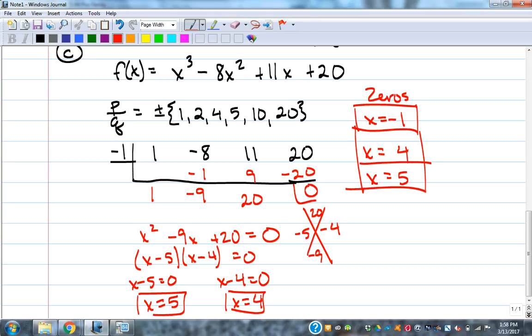But you will always have the same number of zeros as the degree, but you won't always have the same number of x-intercepts as the degree. Okay, so that's important to recognize. All right, let's do another example.